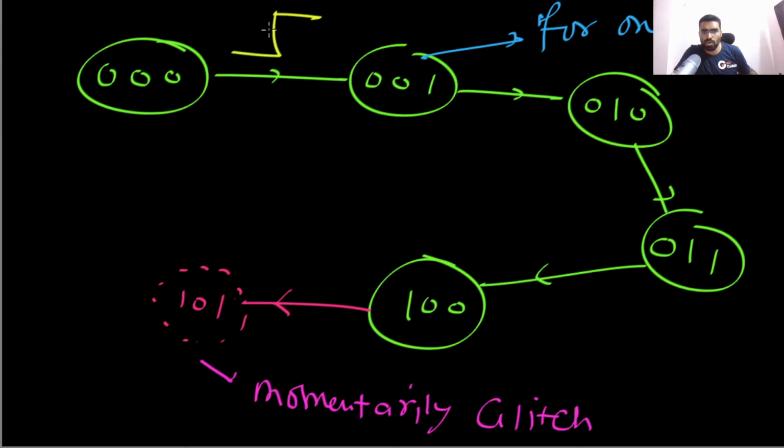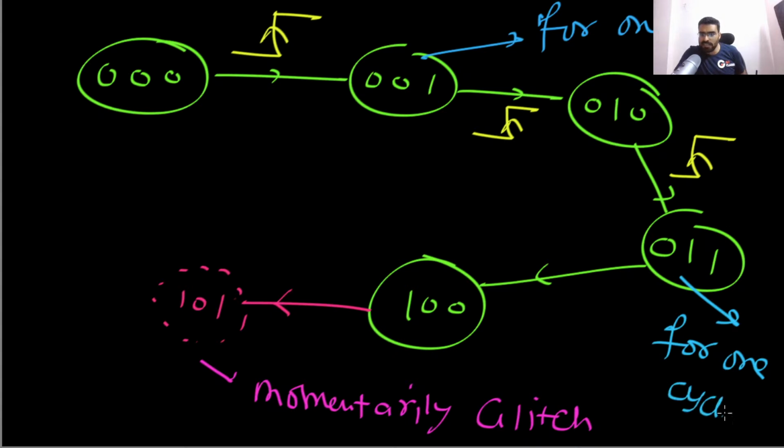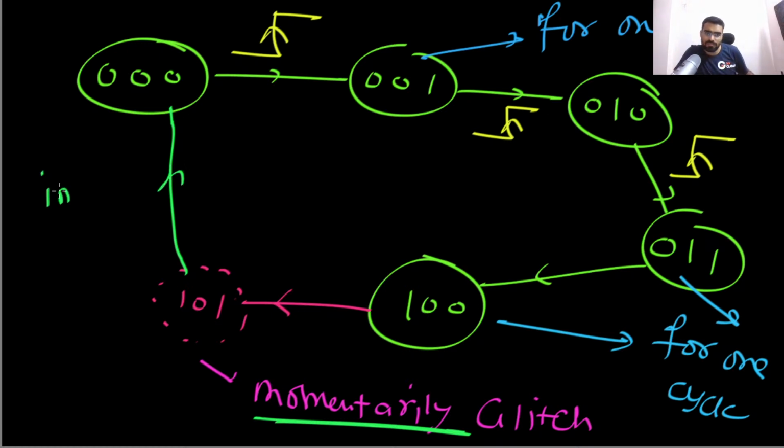Do you agree? For every cycle this count will remain, but you can notice, for a moment this will become 5, and immediately this will become 0.